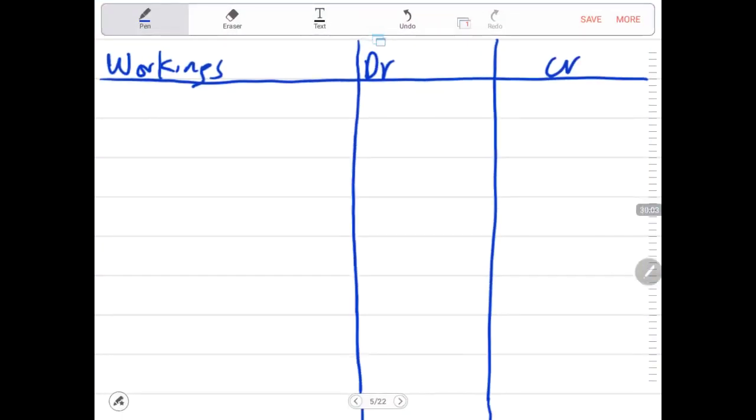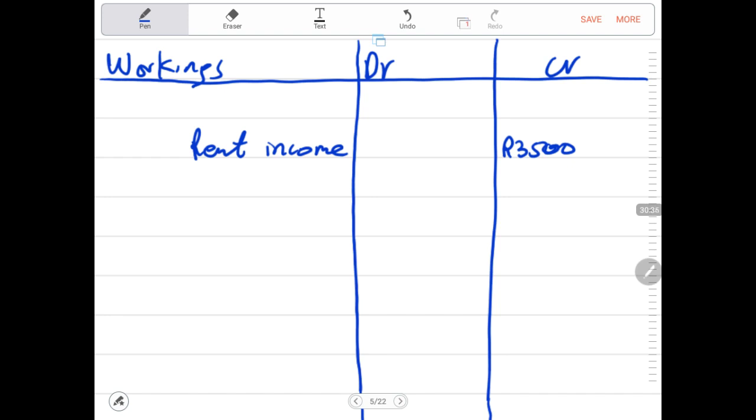So how do we increase income? Incomes increase on the credit side. So we say rent income. That means our rent must increase by 3,500 because 3.5 was supposed to be received. Anything that is supposed to be received must be recorded in the income statement, because the accrual basis teaches us that we must record incomes that we are supposed to receive, not incomes that were actually received.